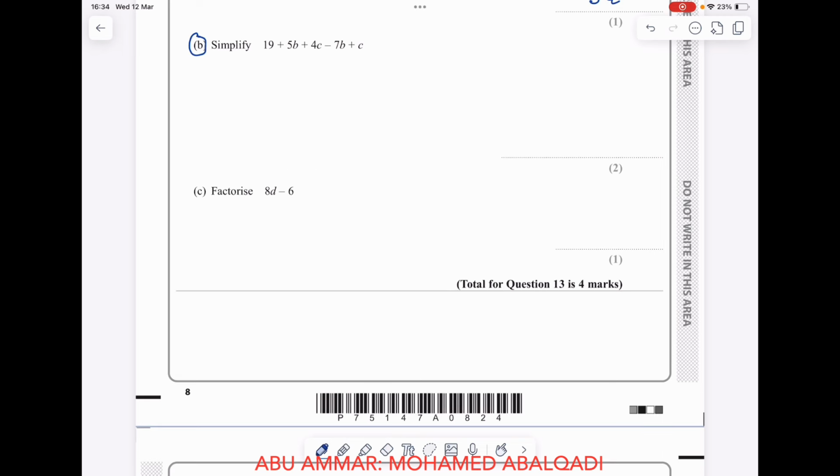Question 13b says, simplify 19 plus 5b plus 4c minus 7b plus c. So in order to simplify this equation, we need to collect the like terms together.